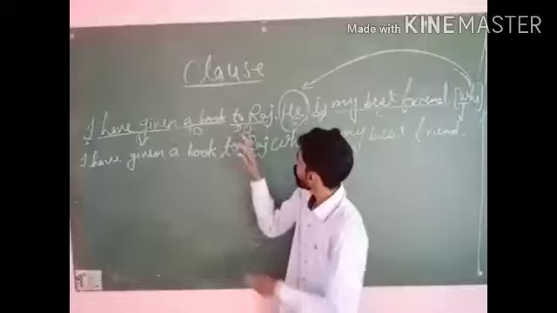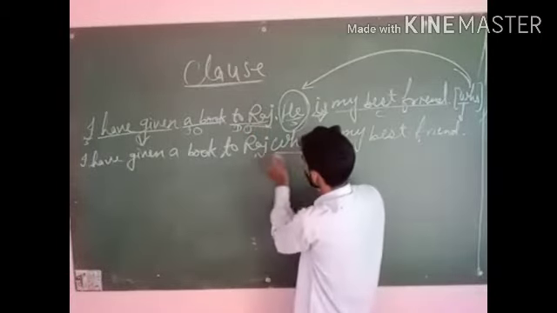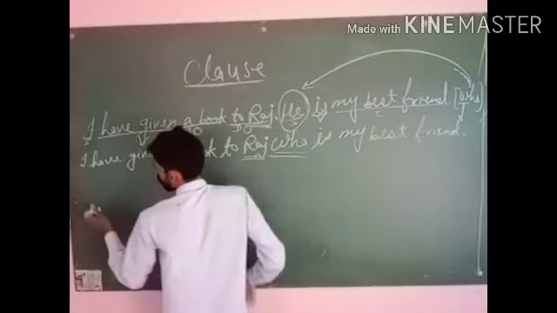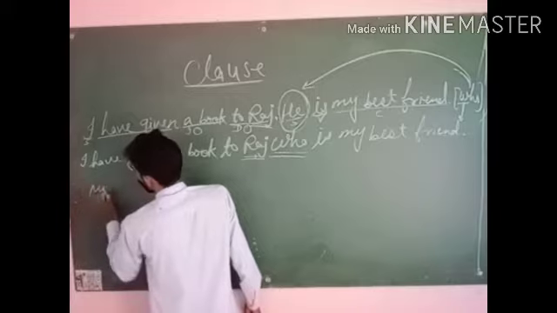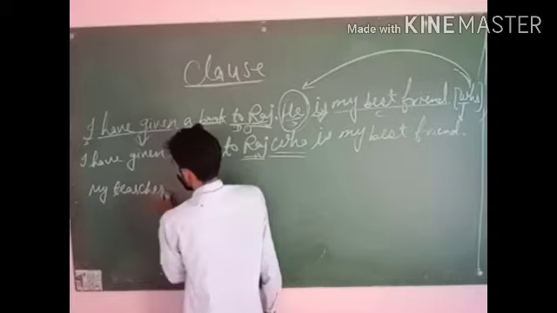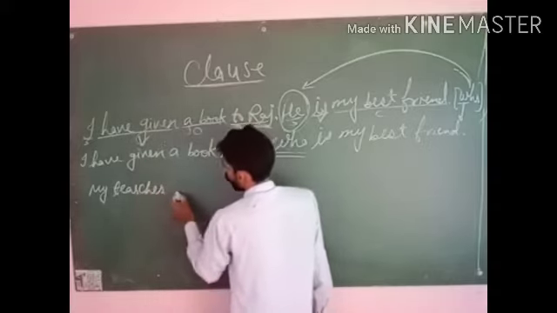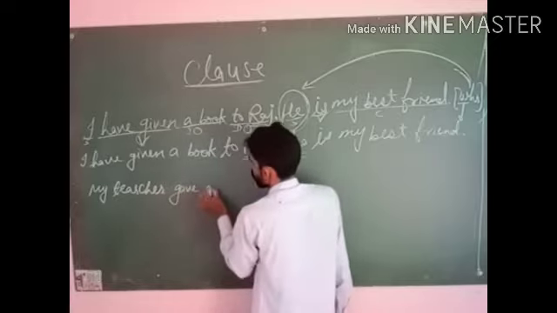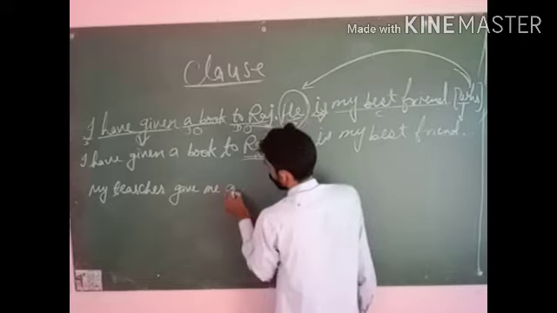As you can see here, it has been used for Raj and it is after the term for which it has been used. See the next sentence. My teachers gave me an award.